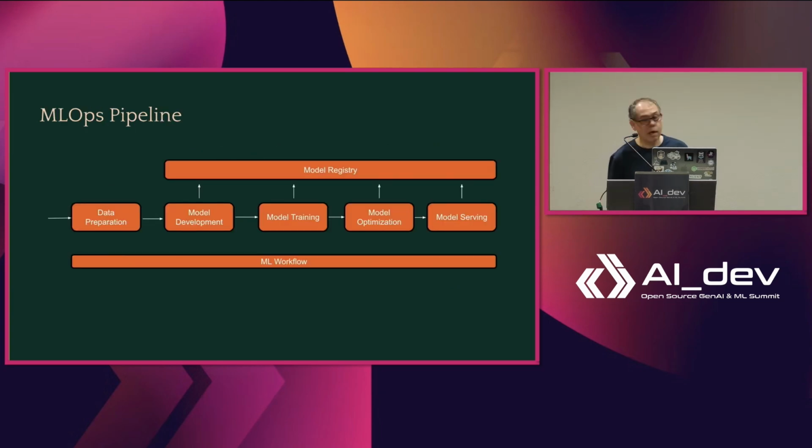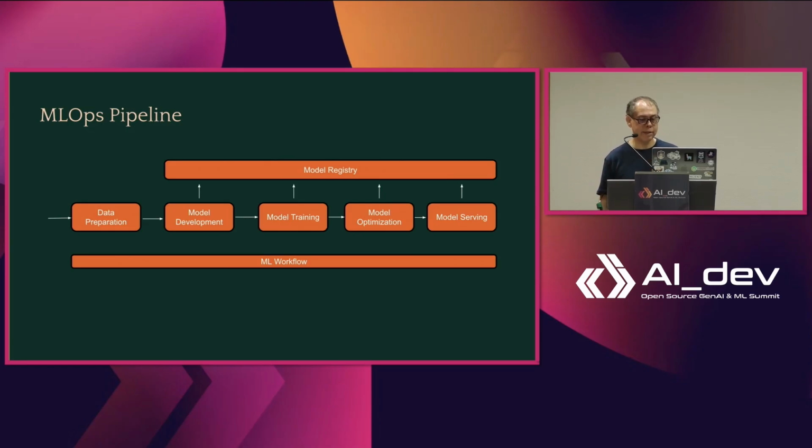So the MLOps pipeline, this is what it looks like at a high level. You have a data preparation step, where you massage the data to make it ready for model training. Then you have model development, where data scientists write code for training or massaging data.